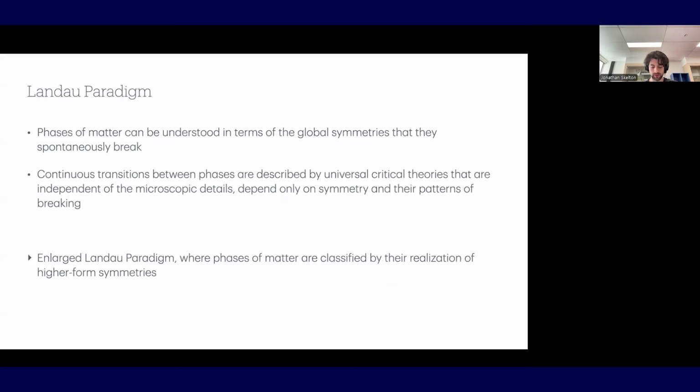And we know that continuous phases are described by universal theory. You have these universal critical exponents. We don't care about the microscopic details, and it only depends on the symmetry and how you break it. So the idea is to generalize this to higher form symmetries: how we can break a one-form symmetry and what we obtain from it.